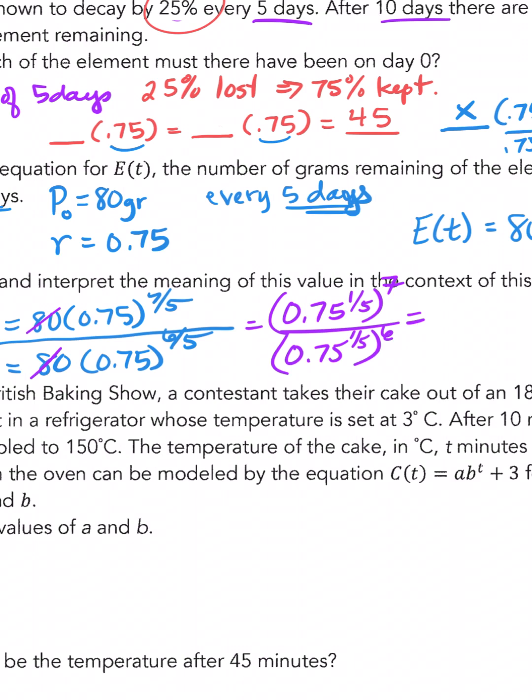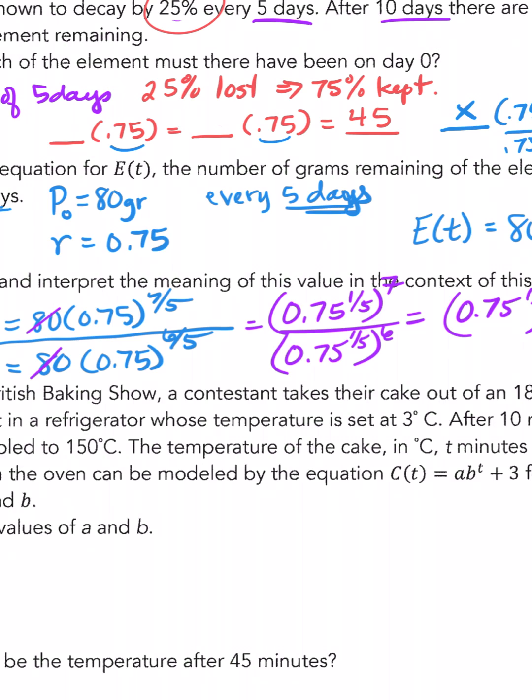So guess what that gives me? 0.75 to the 1/5, which is 0.9441. Basically, if you think exponent rules, remember if you're dividing, you subtract. So 7 minus 6 would be 1, so basically this would be to the 1st power.